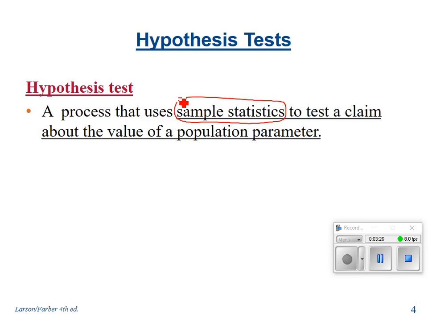When you're doing the population, it's called a parameter. So if we were dealing with the mean, then our statistic would be X bar, and our parameter would be mu. Sample statistic, population parameter.